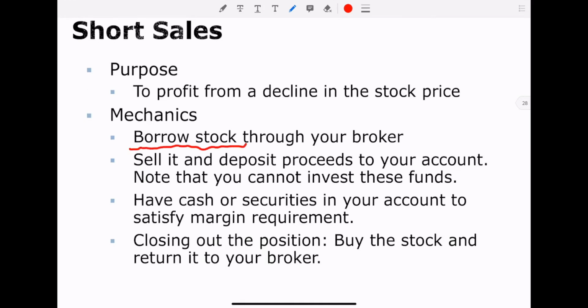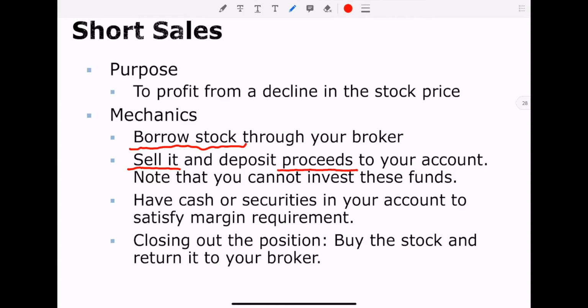Obviously, the borrowed stock will become your liability, right? So first, you will borrow stock from your broker. Next, you will sell this borrowed stock, right? And by selling this borrowed stock, you will get some cash, some proceeds.